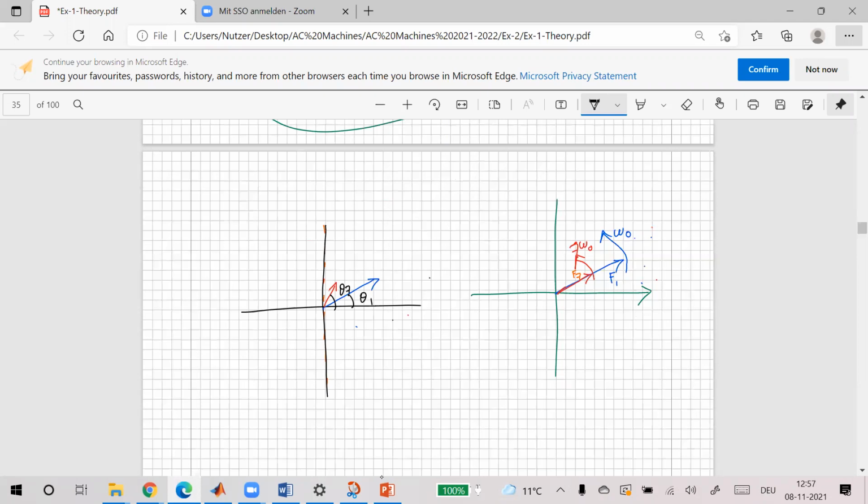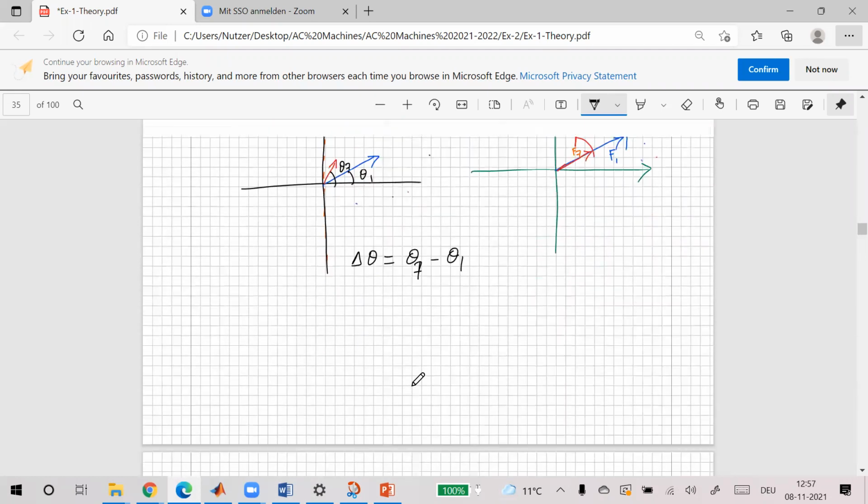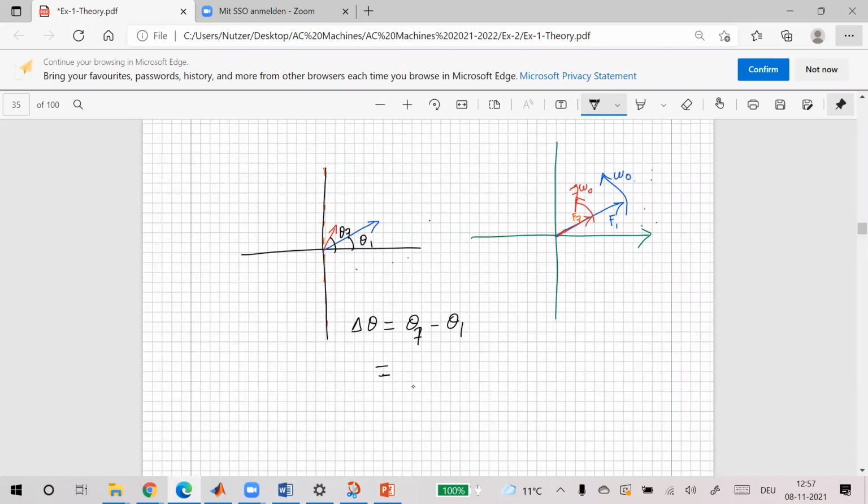You want to find this delta theta, which is equal to theta 7 minus theta 1. You can write theta 7 as 7 times omega naught t plus some phase. I'm ignoring the phase, so let's assume phi naught is equal to 0, minus omega naught t, and it gets you 6 omega naught t. So again, your relative speed is basically 6 times omega.